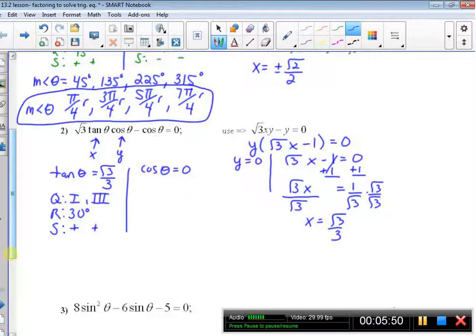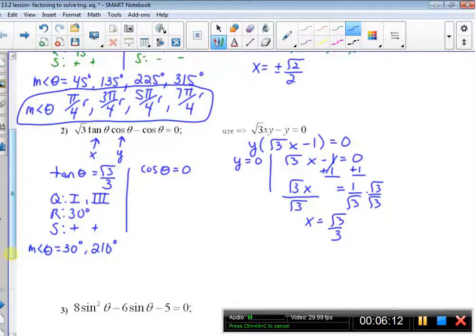So then these are 30 degrees. So the measure of angle theta is equal to 30, and in quadrant 3 it'd be 180 plus 30, which is 210.